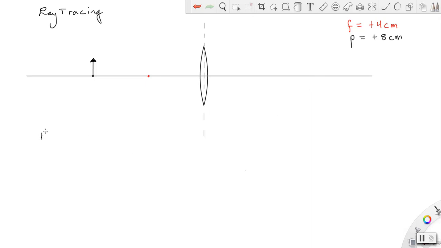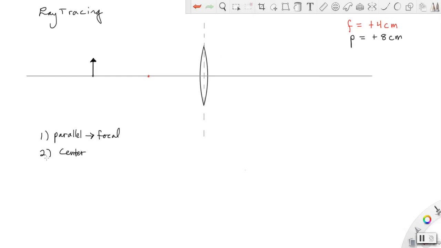The first ray, I named the first ray a parallel to focal ray. The second ray, I name a center ray. These will be similar to the principal rays that you'll find in the book, but the way that I name them here will hopefully guide you to do your ray tracings without mistakes.